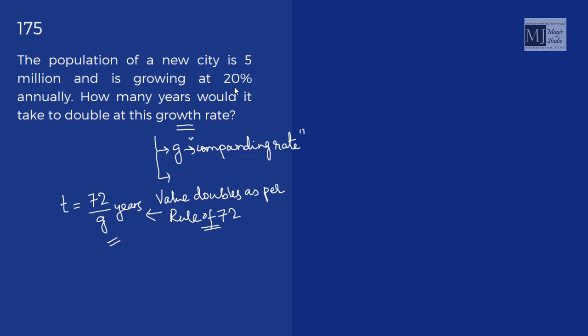Here, growth rate is 20%. And they have asked us in how many years it would double at this growth rate. It will take 72 by 20, that is 3.6 years. That means our answer would be 3 to 4 years.